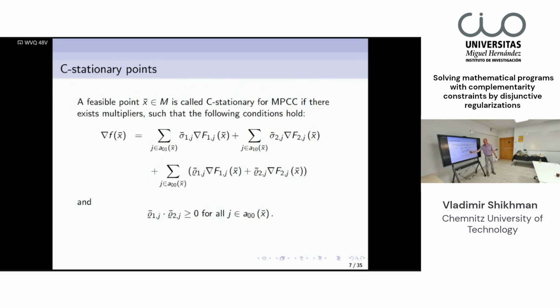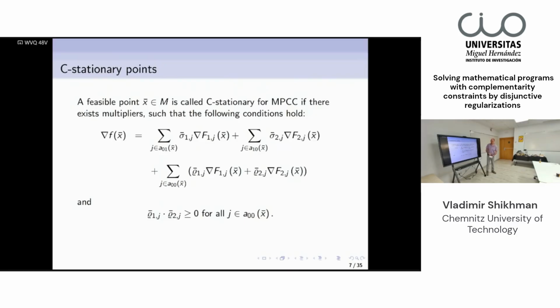What's interesting is the biactive case, A00. If you are sitting here, what do you need to take? You take derivatives of both functions which are active, that's clear. The problem is what the multipliers do, the sign of multipliers. We explained the same, right? S-stationarity and M-stationarity have different signs of multipliers.